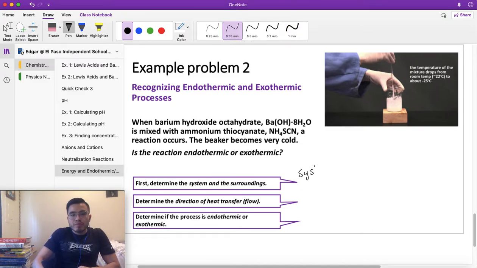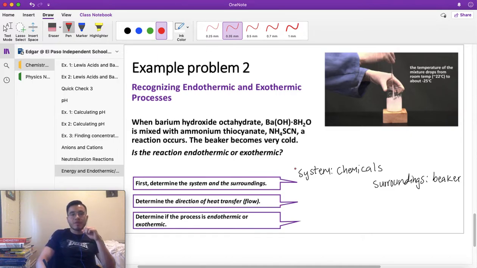So the system, oh, let me redo that. System, chemicals, surrounding, would be the beaker. Next step, direction of heat transfer, the flow of energy or flow of heat. What's getting colder?